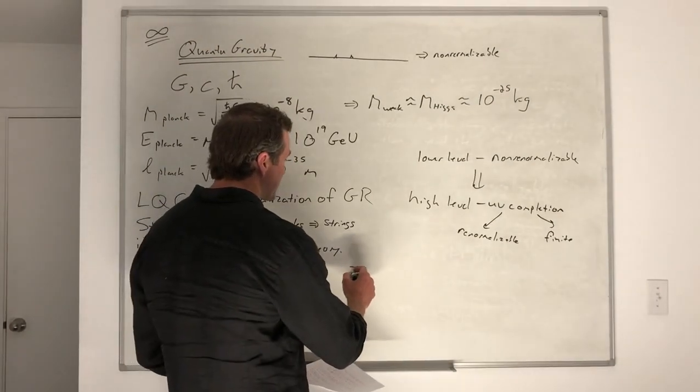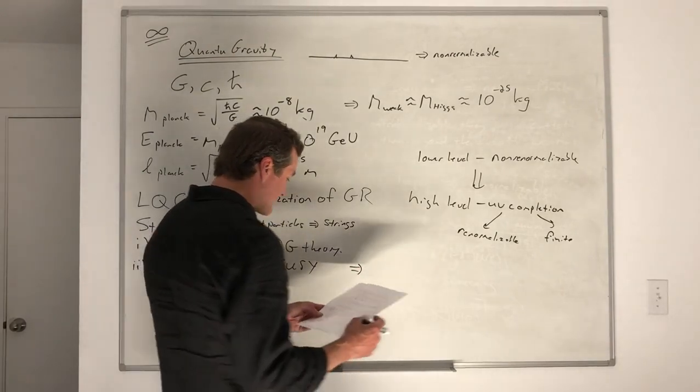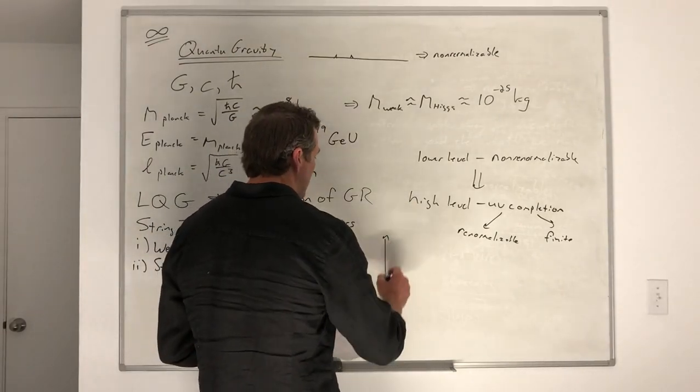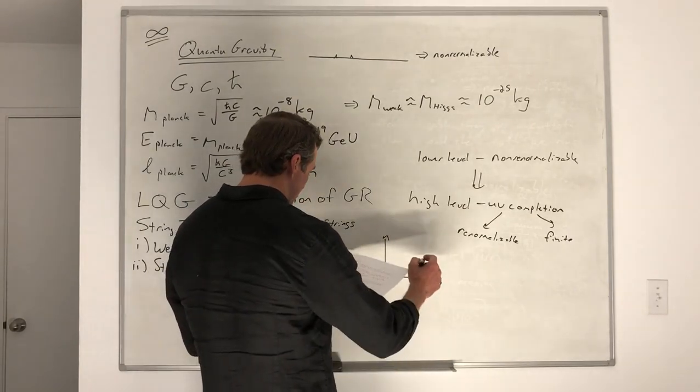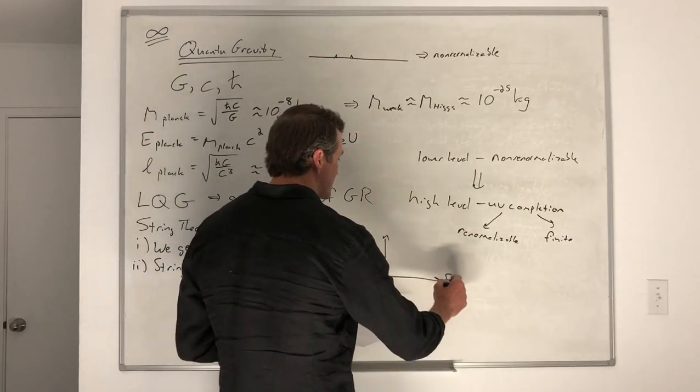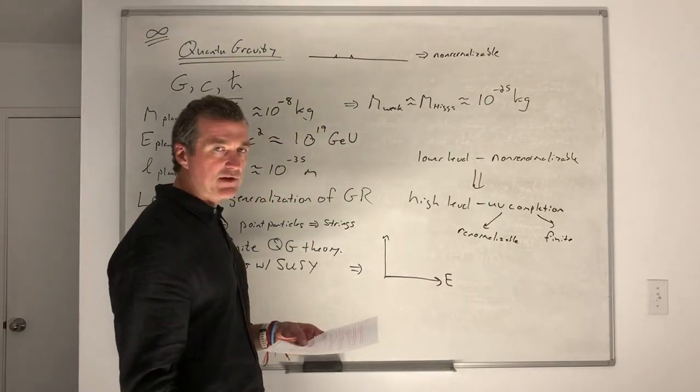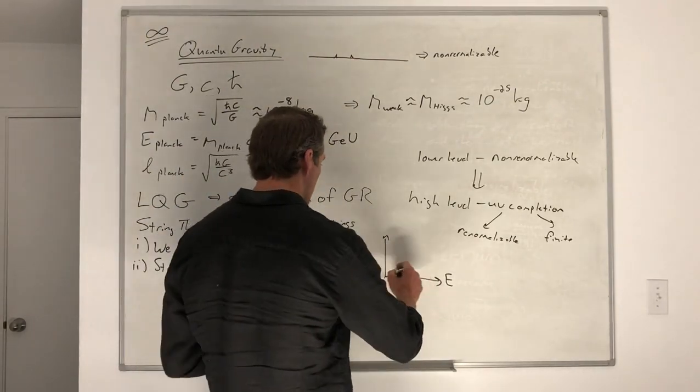But one of the beautiful things about supersymmetry is the following. If we take the standard model and consider the couplings, remember, all of the couplings run with energy or with length scale.